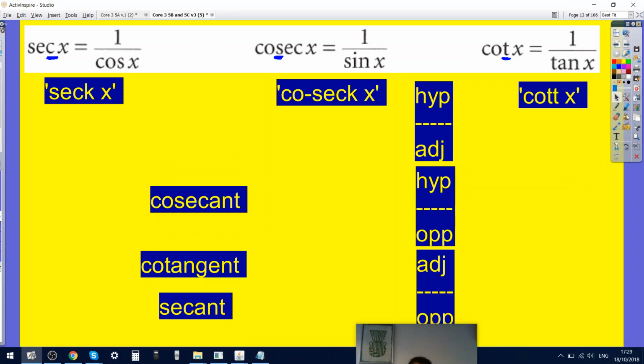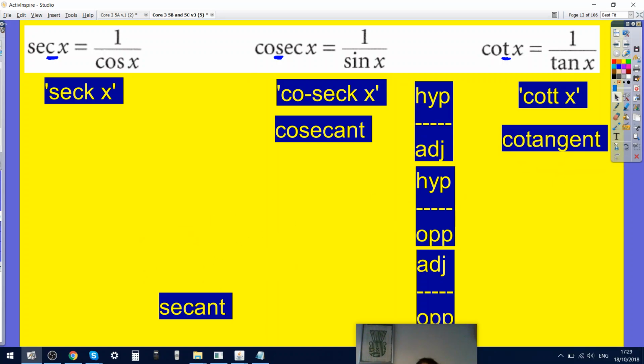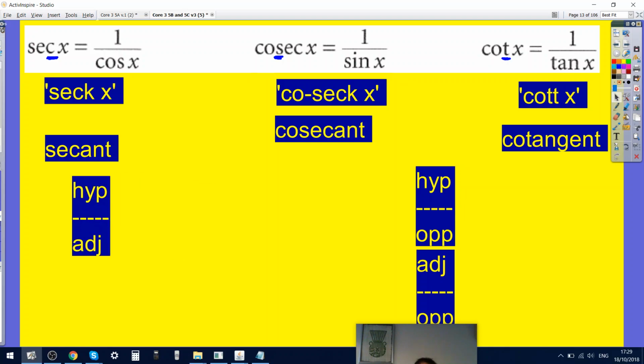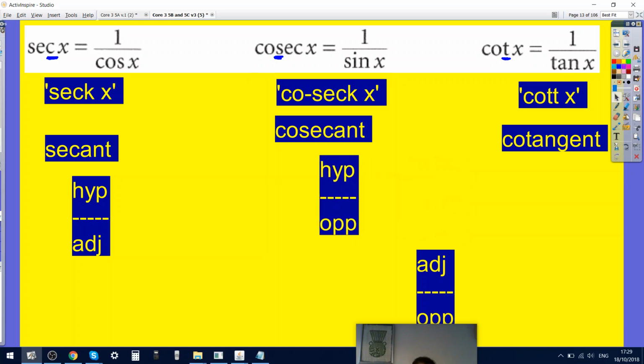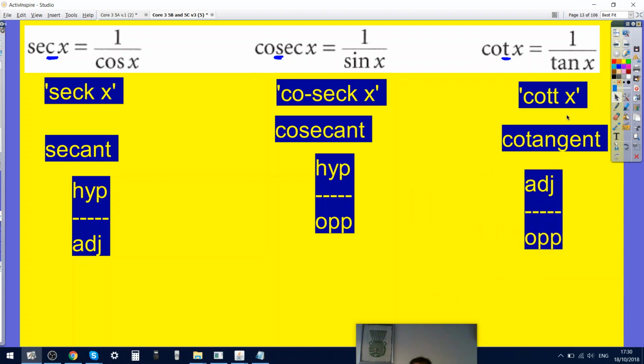Cosecant, middle, cotangent, right, secant, left. Hypotenuse over adjacent, that would be sec. Hypotenuse over opposite, middle, cosec. Adjacent over opposite, yeah.